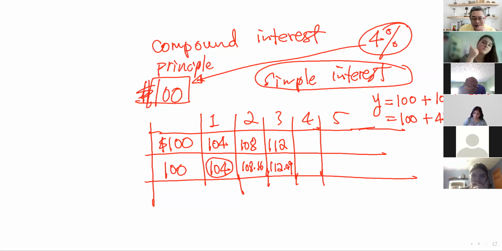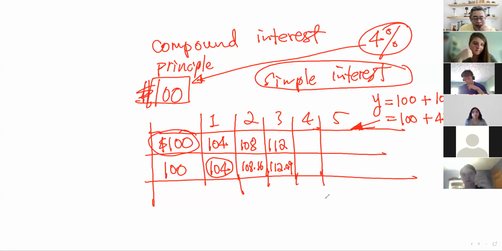Makes sense? Is that the formula for compound interest? Nope. This is the formula for simple interest, the interest on your principal. Are we all good here?